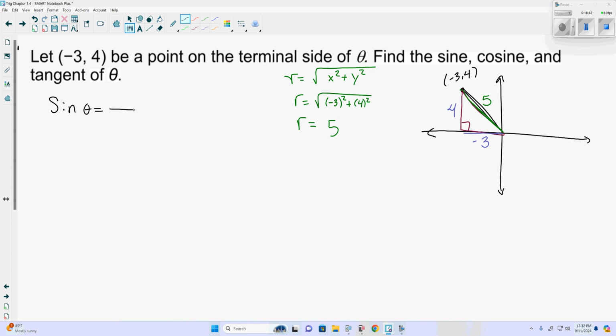Now by the previous slide, sine is going to be the y value over r, opposite over hypotenuse. Well, that would be 4/5. Cosine would be what?